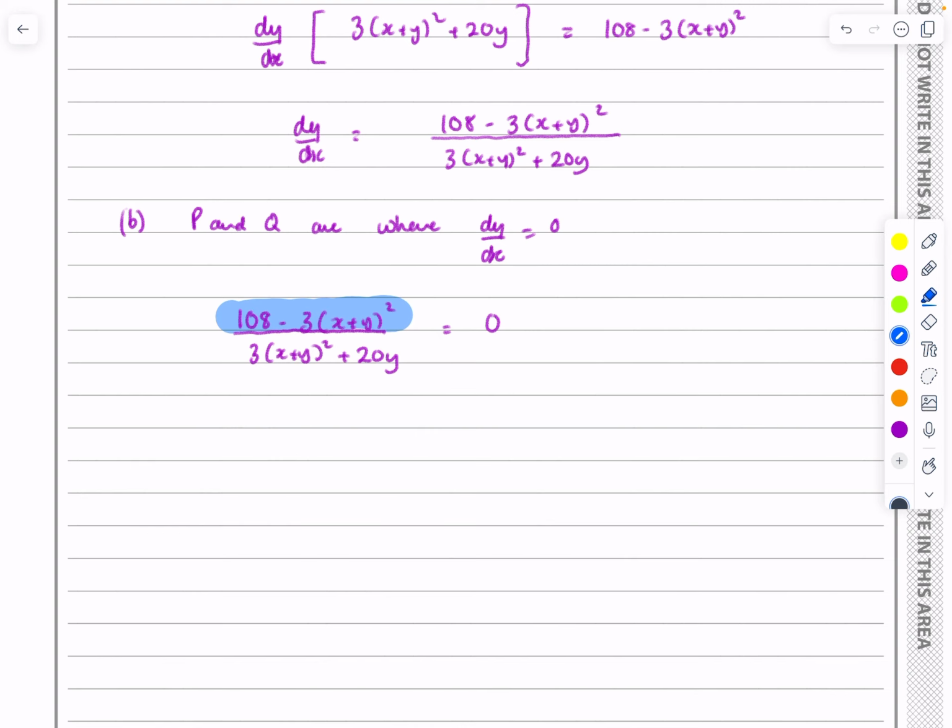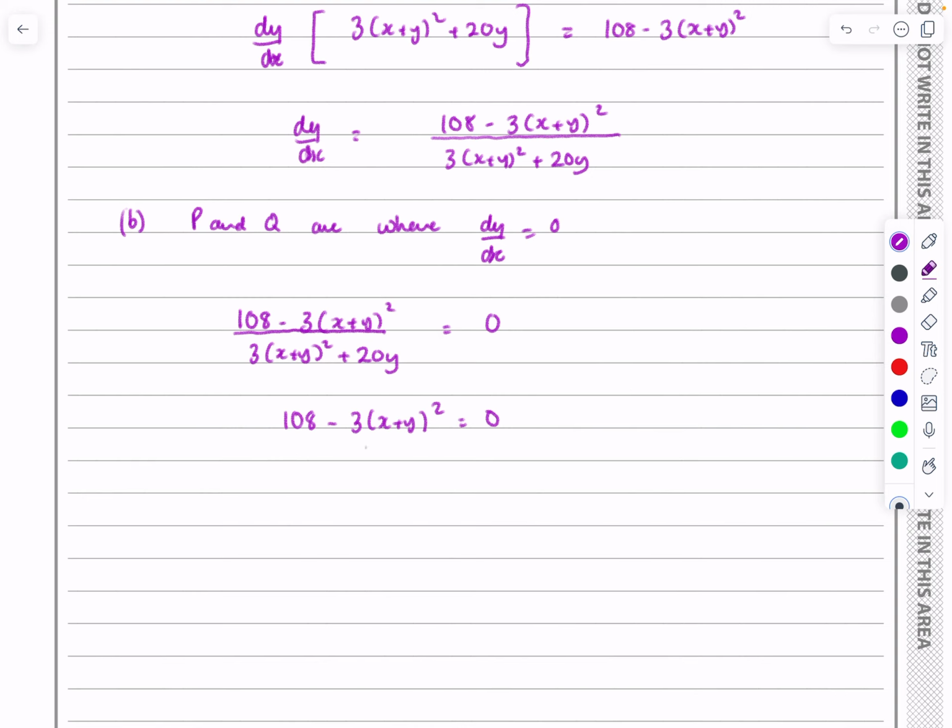The numerator is going to be equal to 0, the denominator can't. So simplifying this then, it's just going to give me 108 minus 3 times (x plus y) squared is equal to 0. And so I can just tidy this up a little bit.